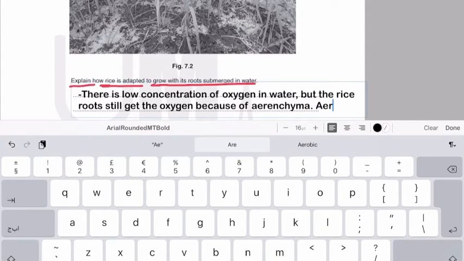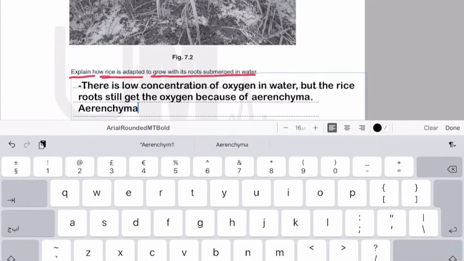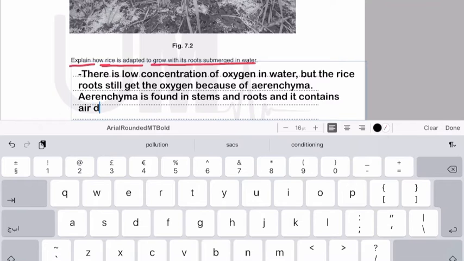We can write that parenchyma is found in stems and roots, and it contains air spaces through which oxygen diffuses down from the stems to the roots.